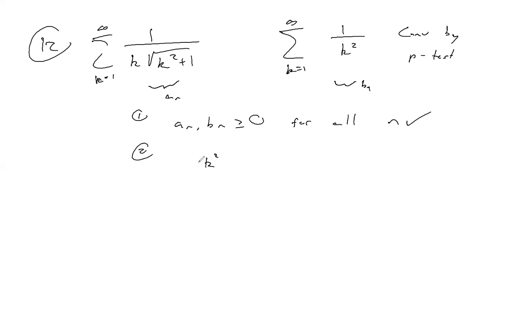k squared, let's see, is less than or equal to k squared plus 1. So, yep. So square root of k squared is less than or equal to square root of k squared plus 1. So then when I turn that into a fraction, the inequality flips. Okay, and if I multiply by k, nothing changes, right?